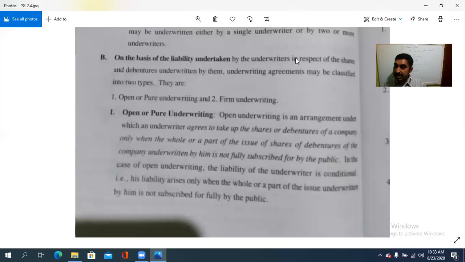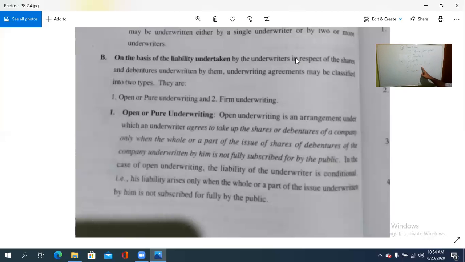What is that? It is an arrangement between the underwriter and the company to take up the shares or debentures of a company only when the whole or part of the shares that are to be underwritten by him is not fully subscribed by the public. No full subscription. In such a case, this open or pure underwriting comes in. He is liable only to that condition.